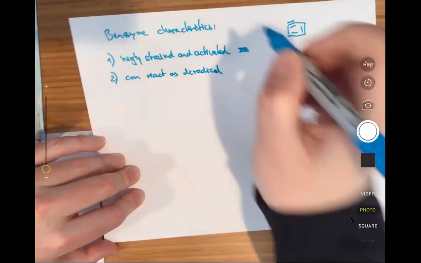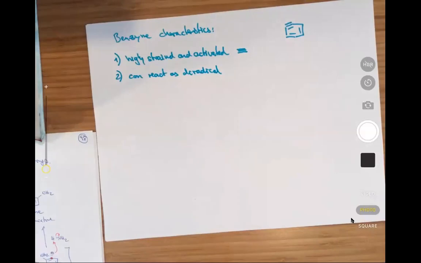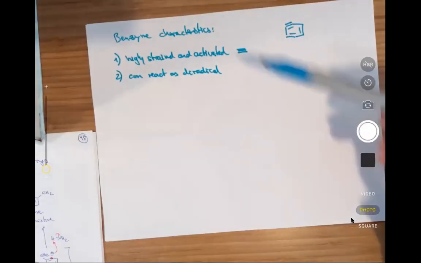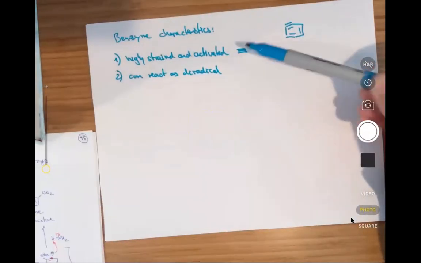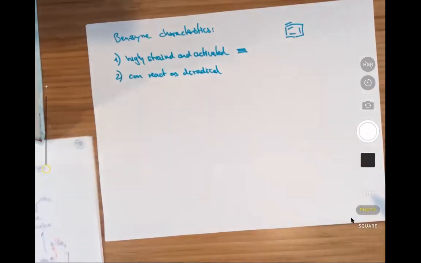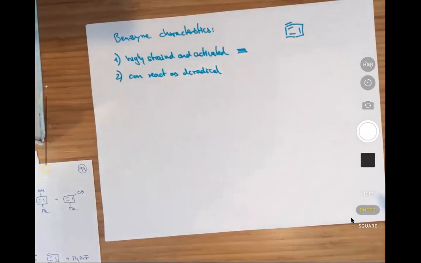And we'll come back to this towards the end of Chem 12b, when we talk about cycloaddition reactions and pericyclic reactions. We'll stumble over these benzynes and their reactivity again because of both of these characters, being a very, very activated triple bond and having the potential to react themselves as a radical.